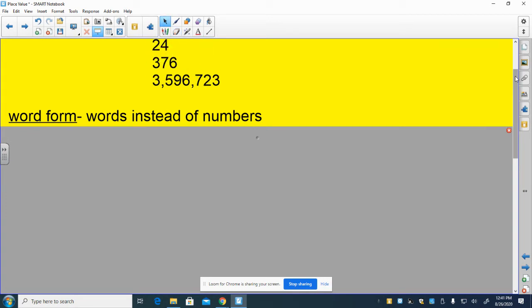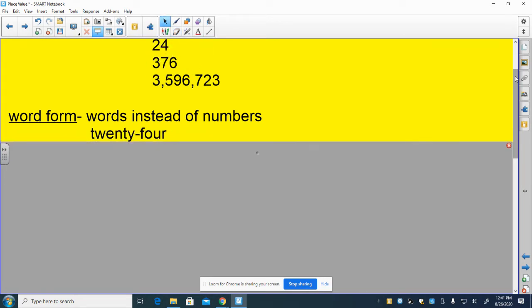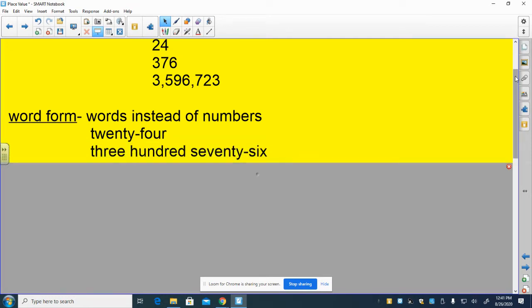So I'll start with 24. There is the number 24 in word form. Again, word form, only words, no numbers. We'll move down to 376. And this is where that chart for place value city and knowing those street names is so important. 376.